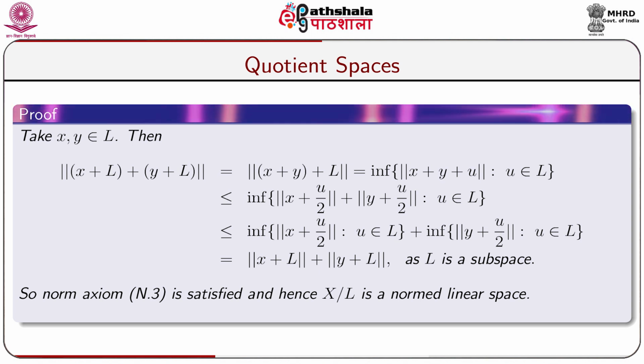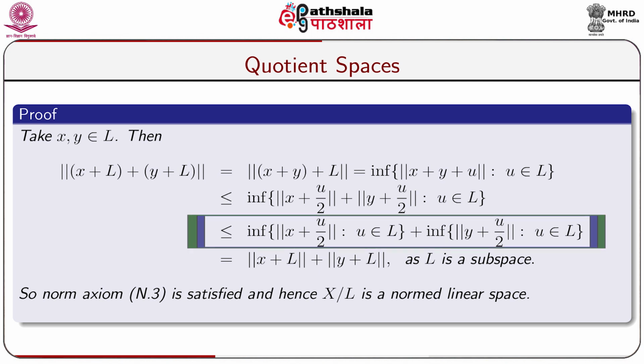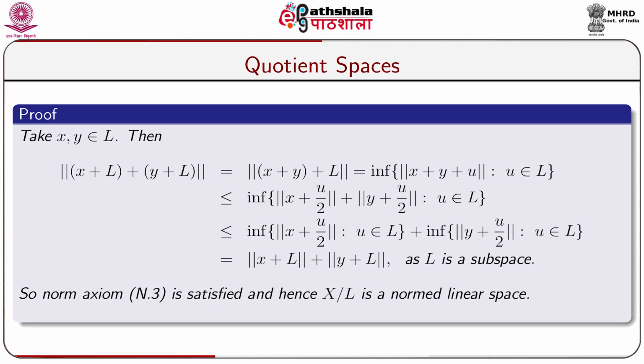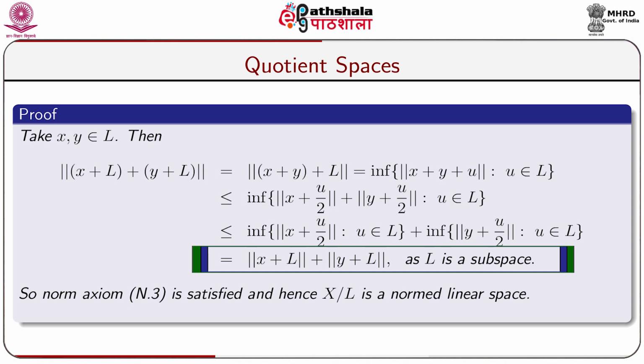Now, for the proof of the third norm axiom, let us take x, y belonging to capital X. Then norm of x plus L plus y plus L is equal to norm of x plus y plus L, which by definition is equal to the infimum of all such elements norm of x plus y plus u where u belongs to capital L, which is less than or equal to the infimum of all such elements norm of x plus u by 2 plus norm of y plus u by 2, u belongs to capital L, which is less than or equal to the infimum of norm of x plus u by 2 where u belongs to capital L plus the infimum of norm of y plus u by 2 where u belongs to capital L, which is equal to norm of x plus L plus norm of y plus L, as L is a subspace.